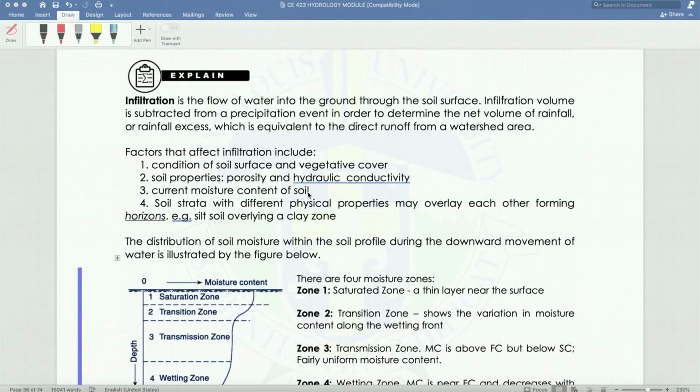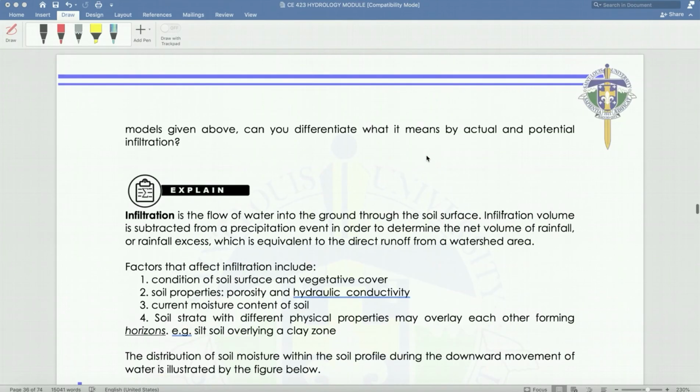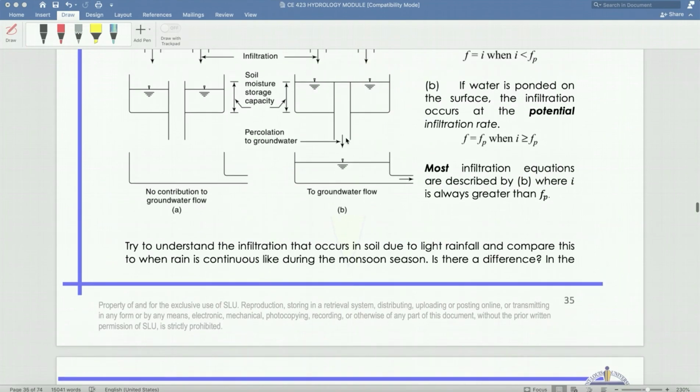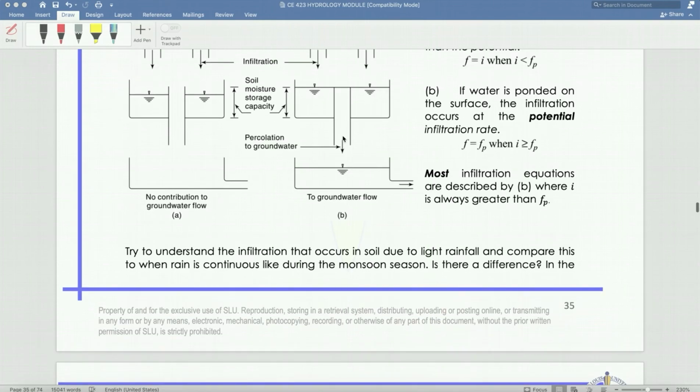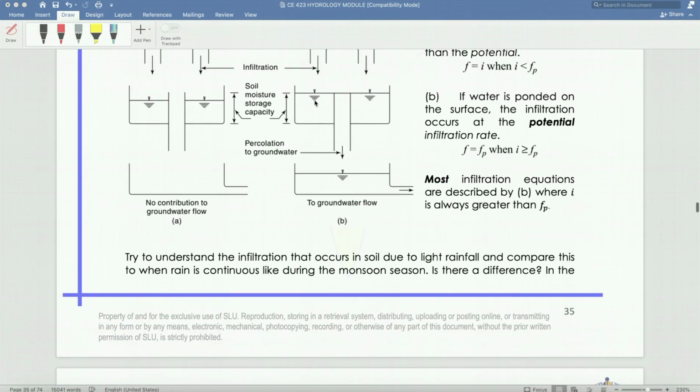Now, why is this important? Like what we have said kanina, we have a soil moisture storage capacity. Now, when the soil moisture storage capacity of the soil is already exceeded, or if na-saturated na yung soil natin, mas mabagal na yung rate of infiltration natin. Why? Because the voids on the soil profile are already occupied.